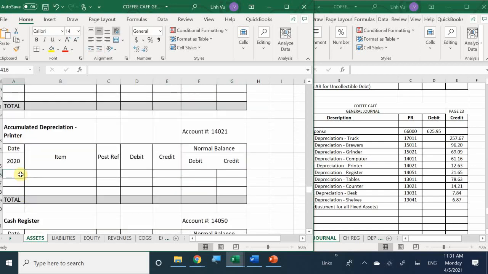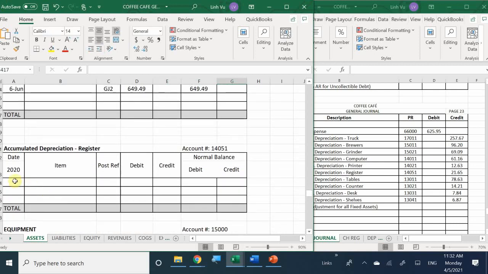Okay. What about my printer? 12.63. And then what about my cash register? 21.65.